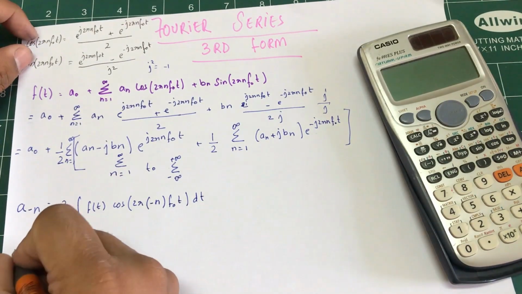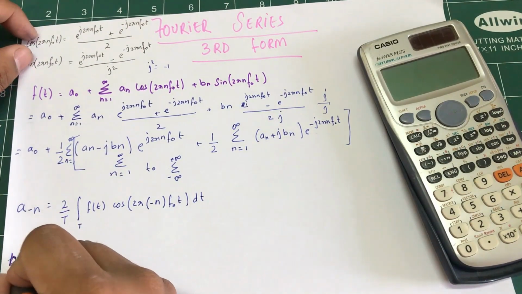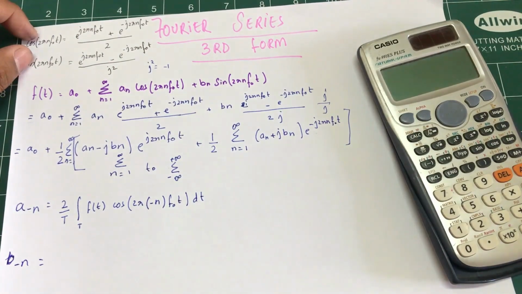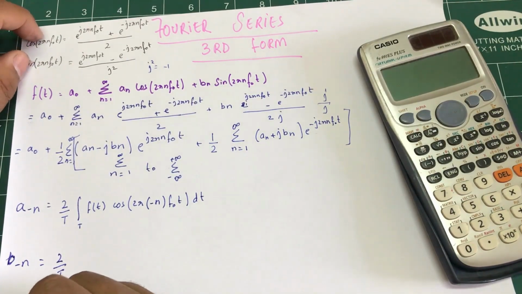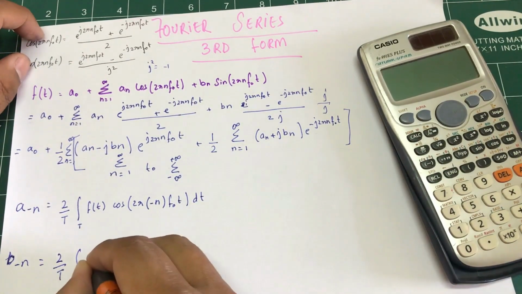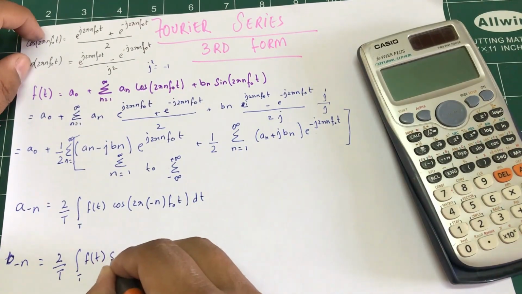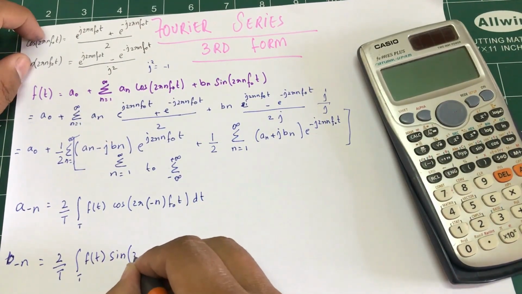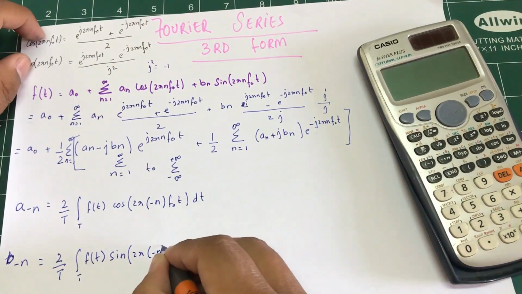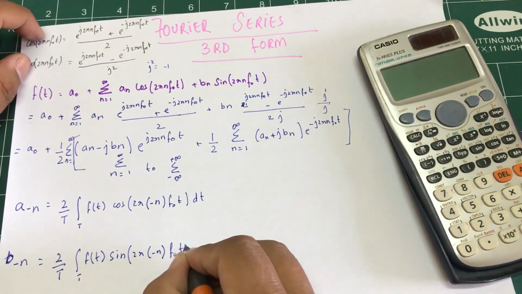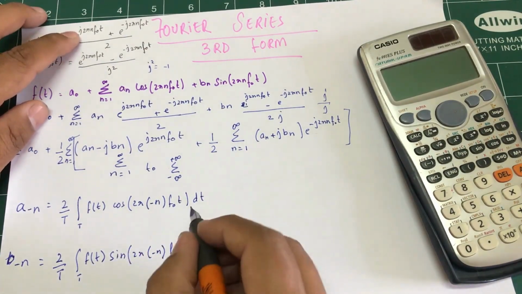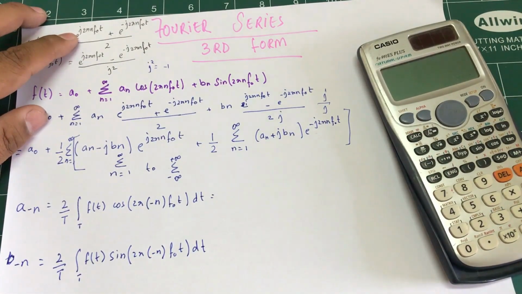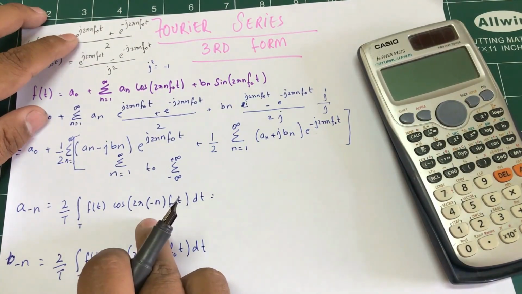Next step is we want to do the same thing for bn. All right, bn, this is going to be 2 over T, integral over T of f of t sine 2 pi negative n f naught t dt. All right. So if I were to look at this, okay, cos is an even function.